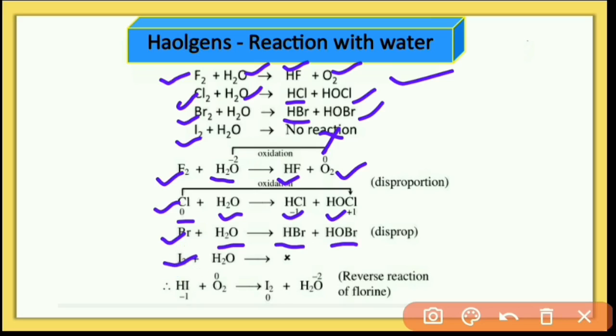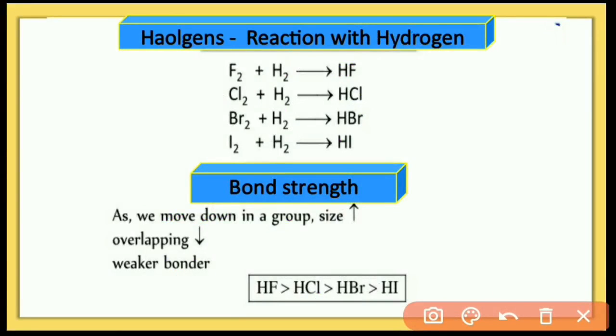And iodine does not react with water because it has a low reduction potential value, and it cannot oxidize oxygen. Next, HI reacts with oxygen molecule and gives rise to iodine and water molecule. It is the reverse reaction.